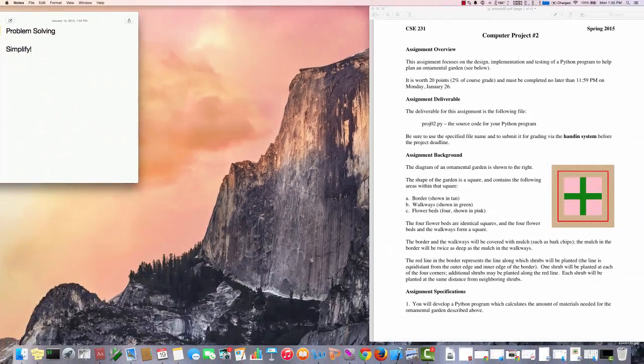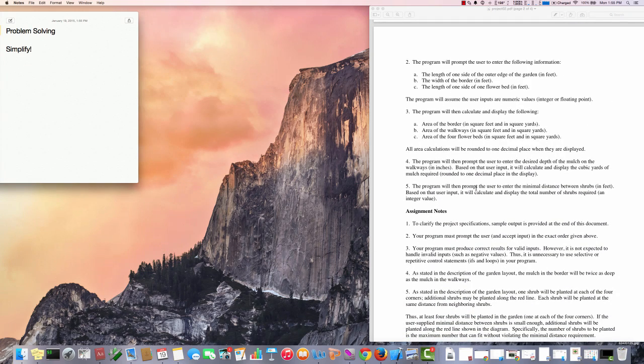Figure out how to simplify this problem. So for example, if you look at it, there's really three parts to this assignment. You have to display some areas, and then you calculate some mulch, and then you figure out shrubs.